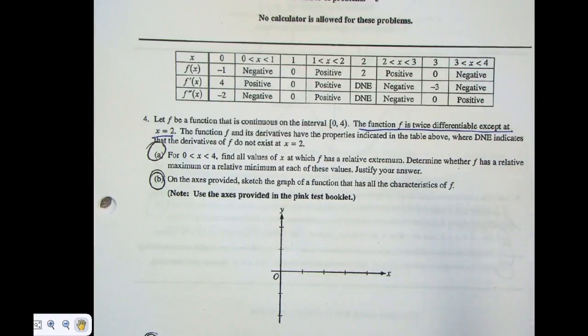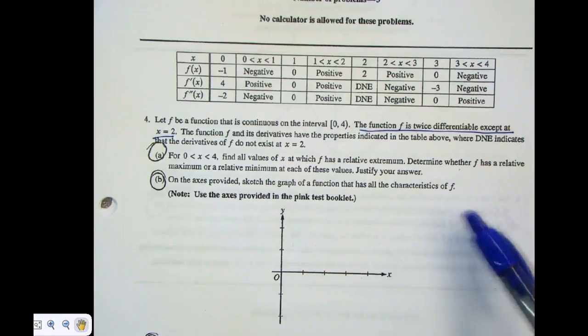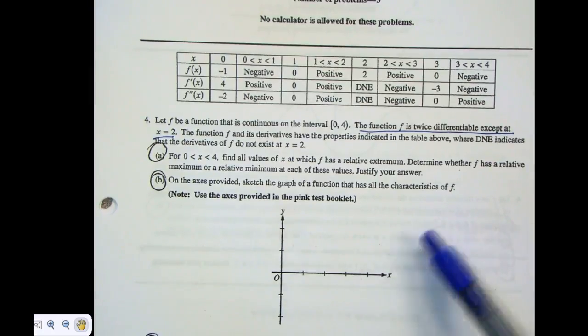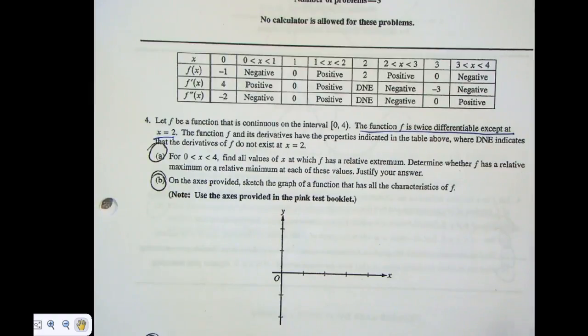Does negative second derivative mean negative or down concavity? Yep. I think I would have said concave down, but down concavity actually sounds cool. Let's start with that. Down concavity.